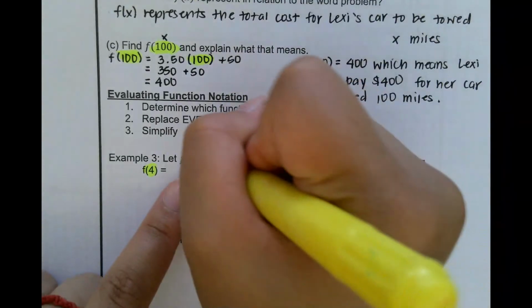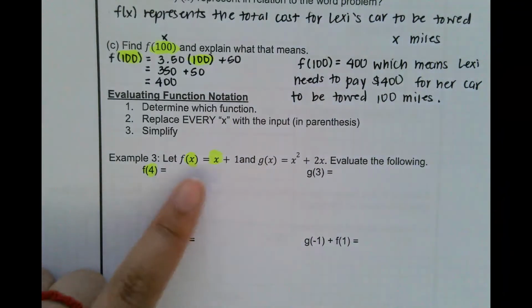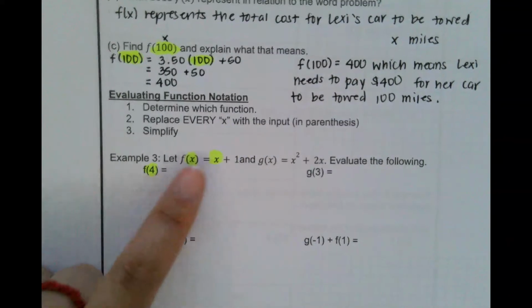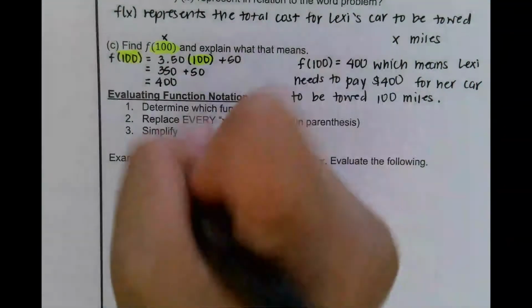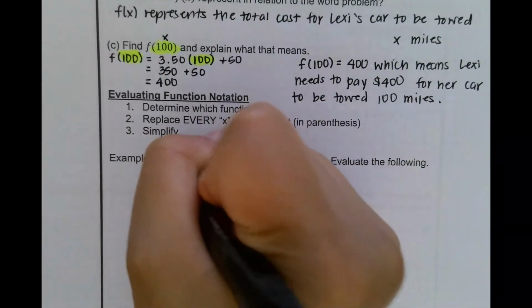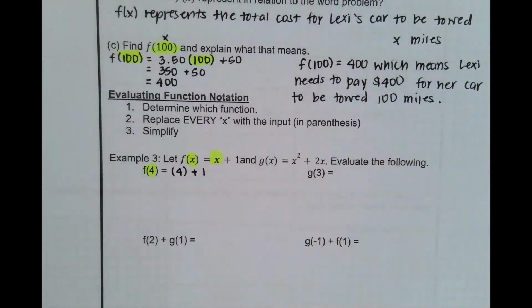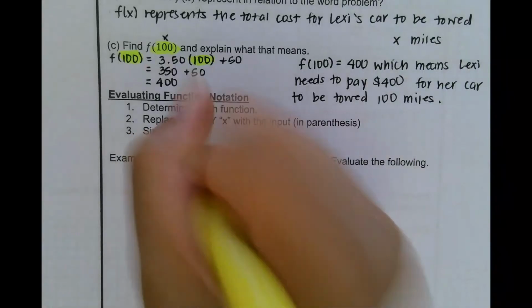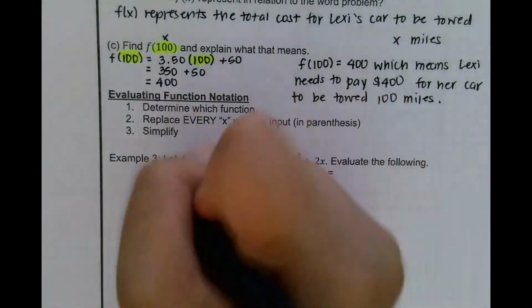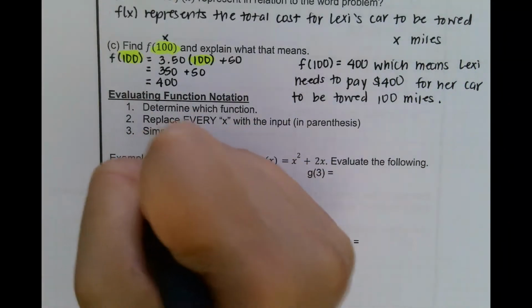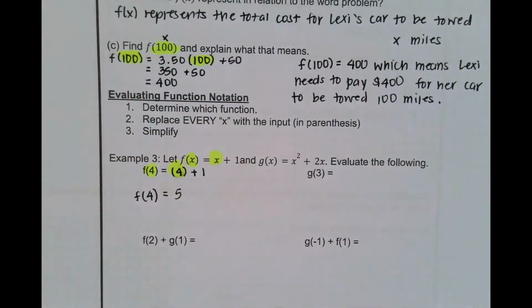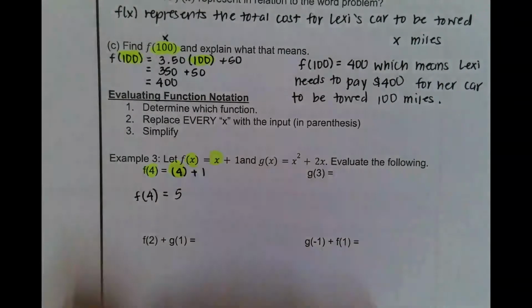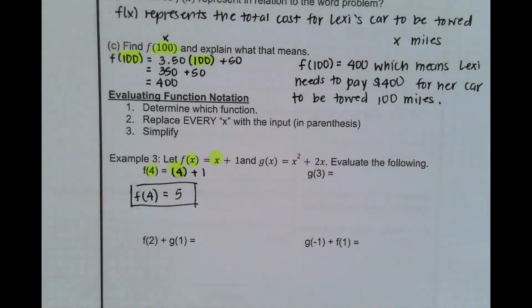Wherever I see that x, I'm going to replace it with the 4, and then plus 1. 4 plus 1 is 5, so f of 4 equals 5. And there's my answer. Nice and simple.